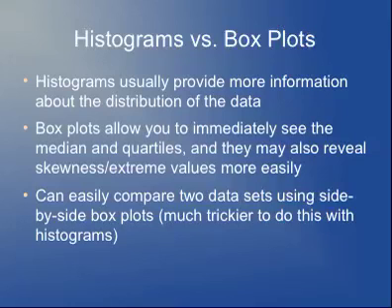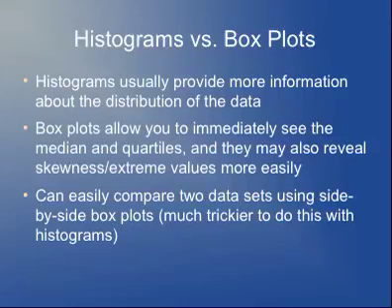Personally, I tend to use box plots more often just because, generally speaking, when you're doing an experiment, you're almost always comparing two things, and it's really nice to be able to do the side-by-side box plots, see if you see any differences that way. Histograms can be useful if you're just looking at the overall shape of your data.